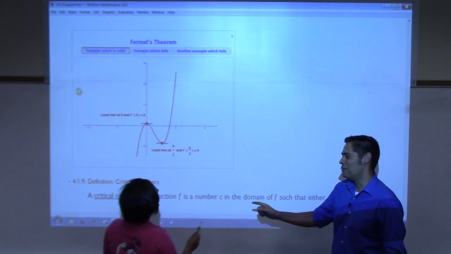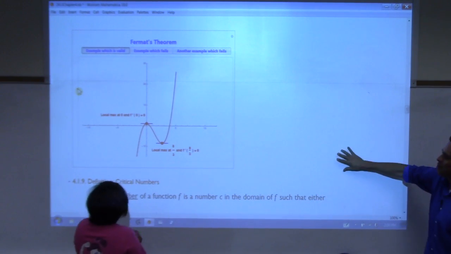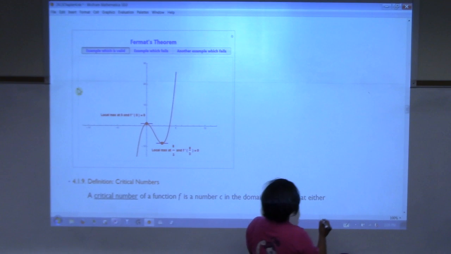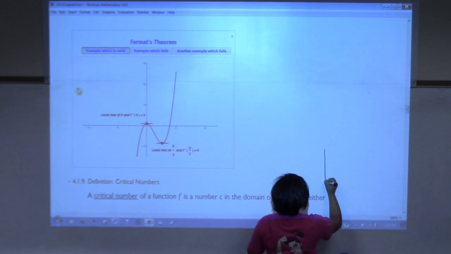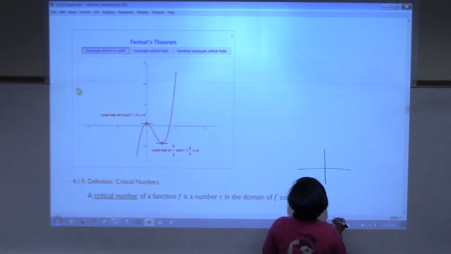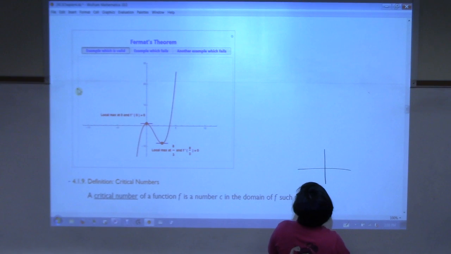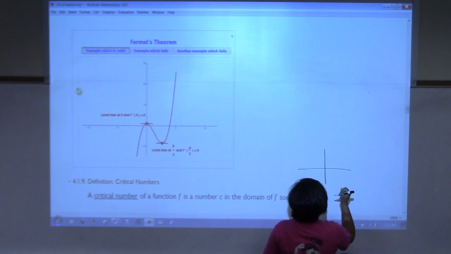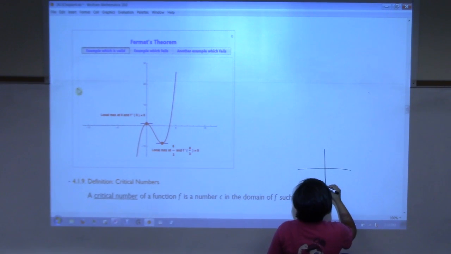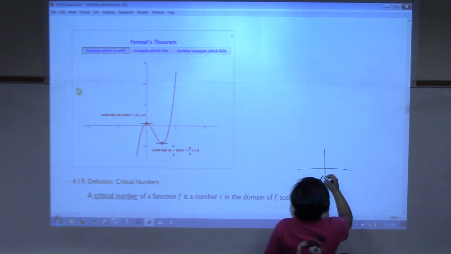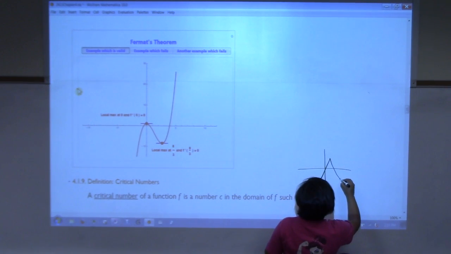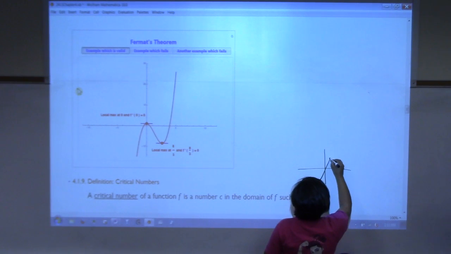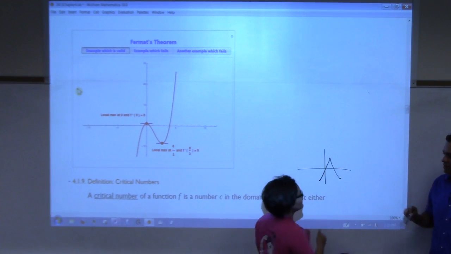You can do it right here. So any function where it has to have a local maximum, but it would violate this. In other words, the derivative wouldn't exist. Five points. You're done. Good job.